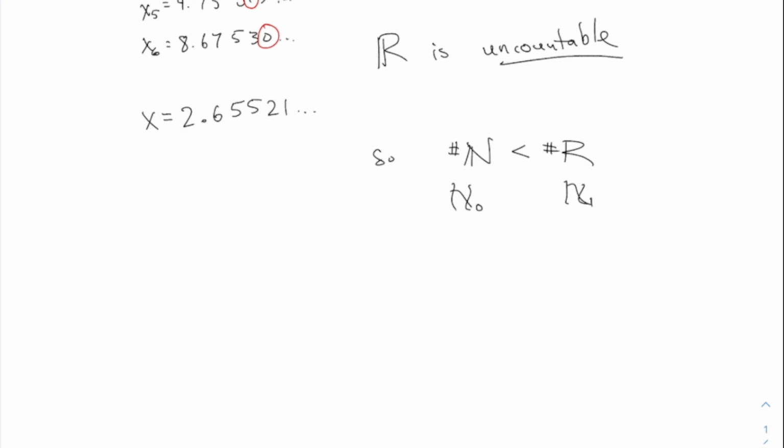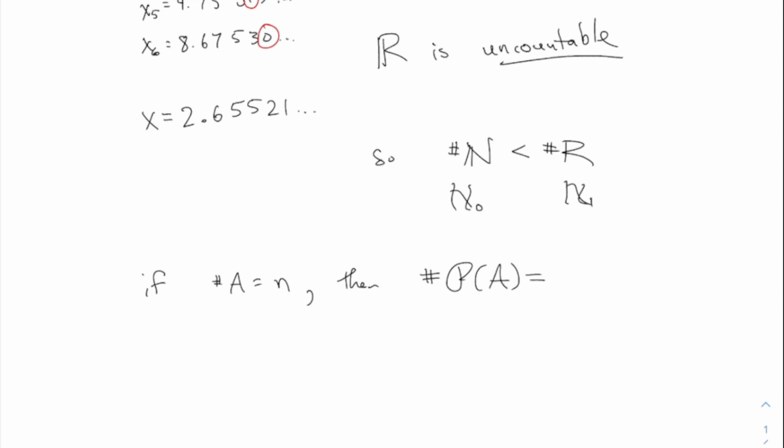The standard way to get this is by taking the power set. Remember, the power set of a given set is the set of all subsets. And for a finite set, the power set is much bigger. If A is a finite set with n elements, then the size of the power set of A has a formula.